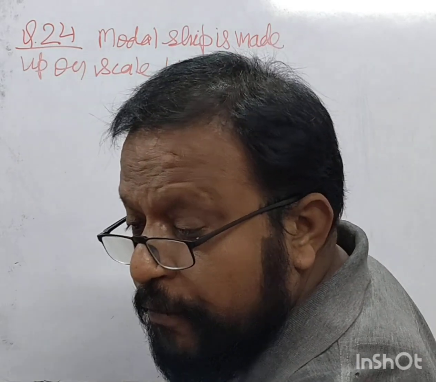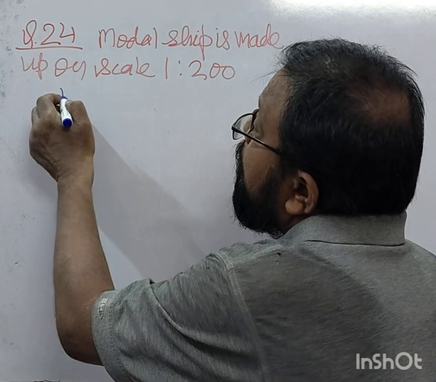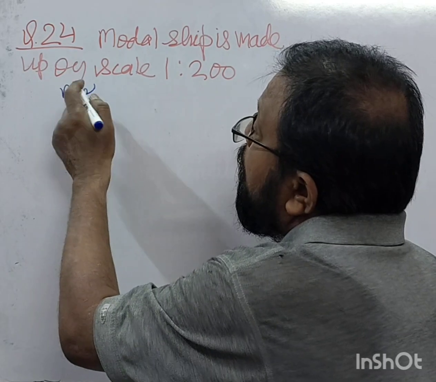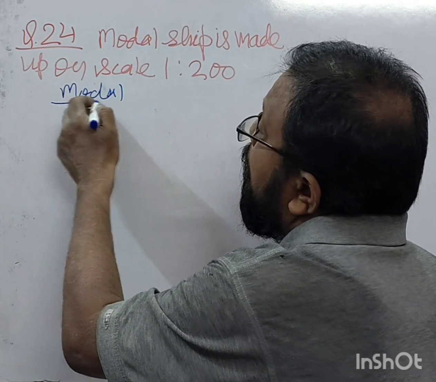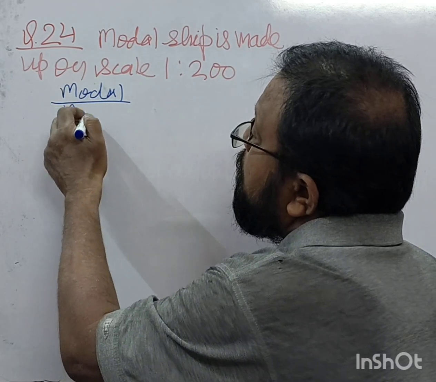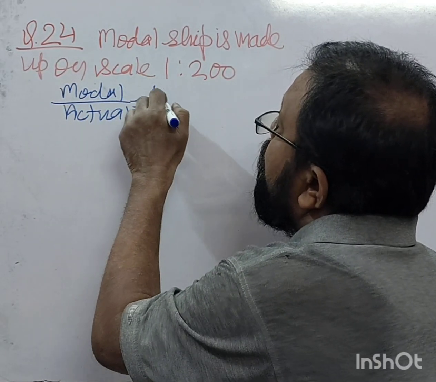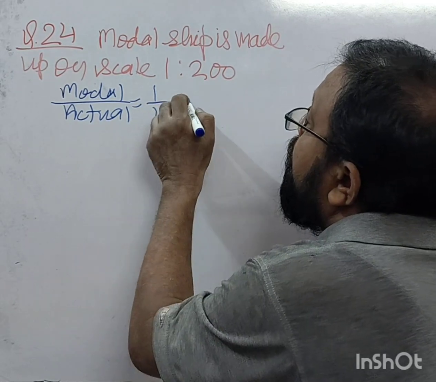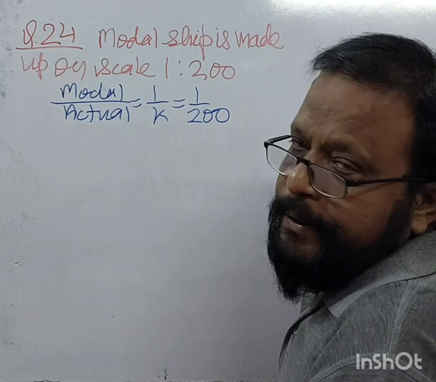So what is the meaning of it? Model upon actual is equal to 1 upon k. So it becomes 1 upon 200.